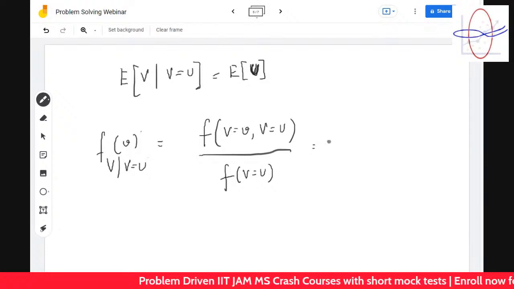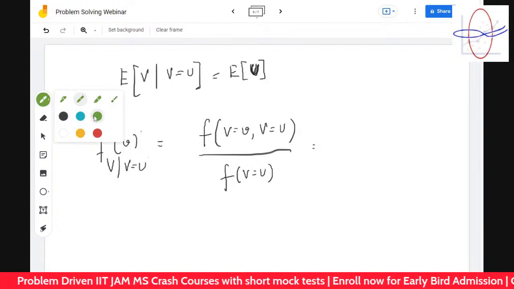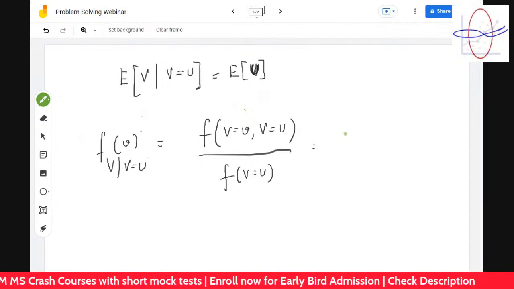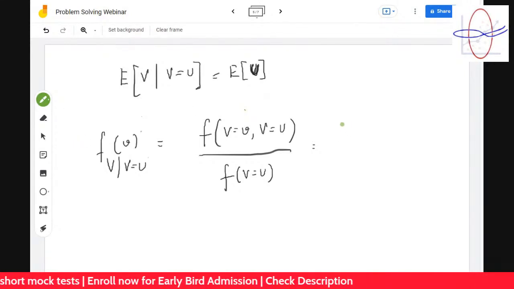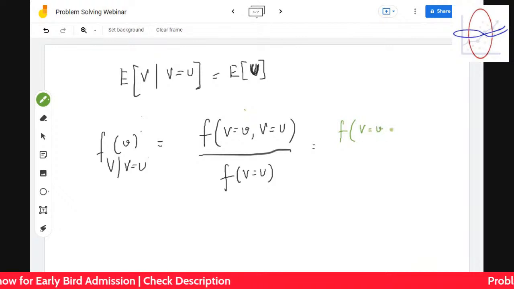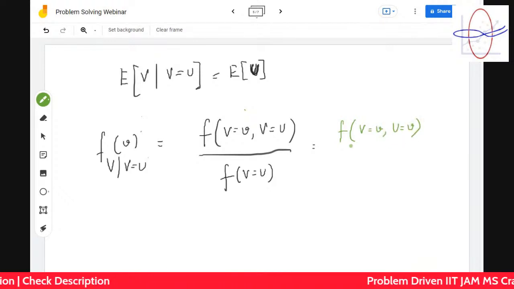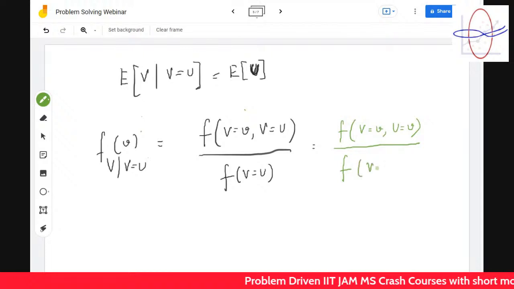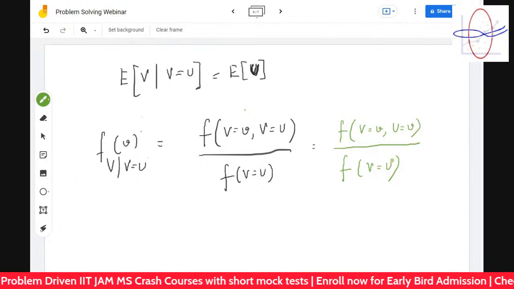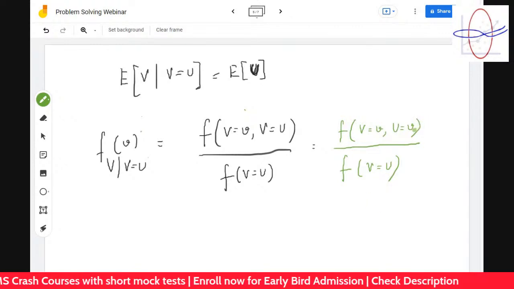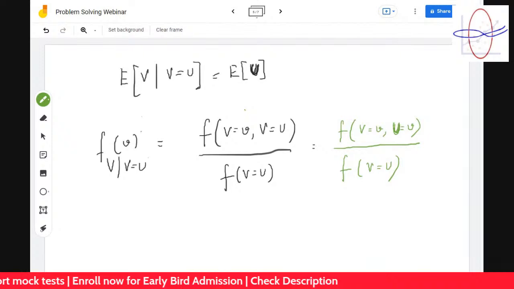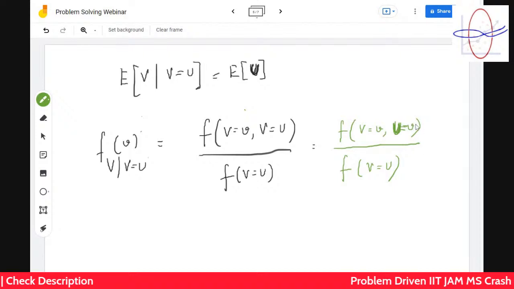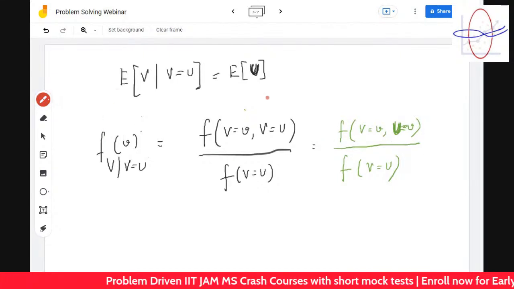So the conditional density is f of V is equal to V and U is equal to V by f of V is equal to U, right? Very simple, right? And U and V may be related to each other. So this is the basic idea. So let's do the integration.